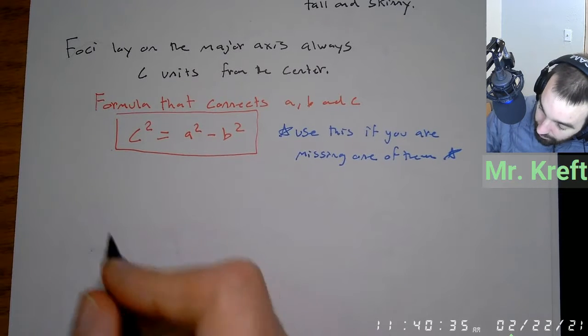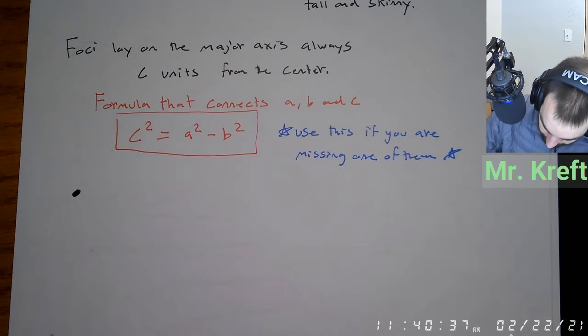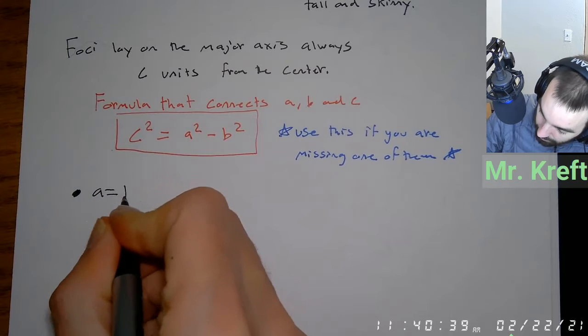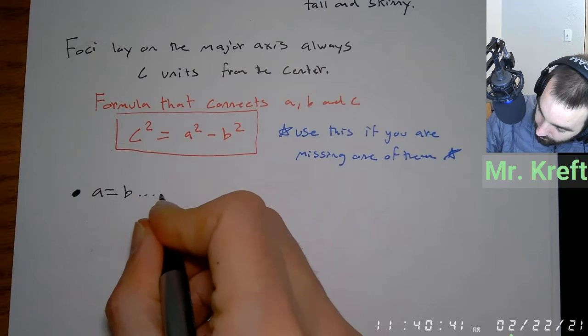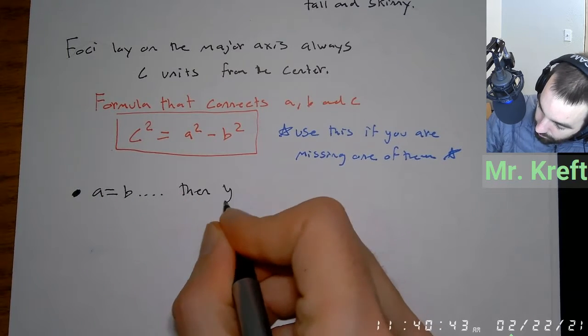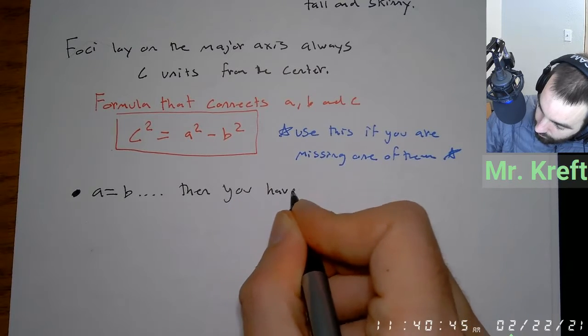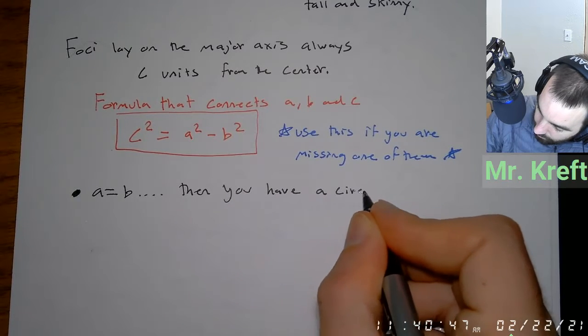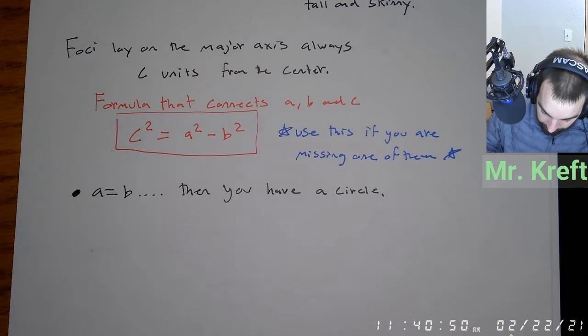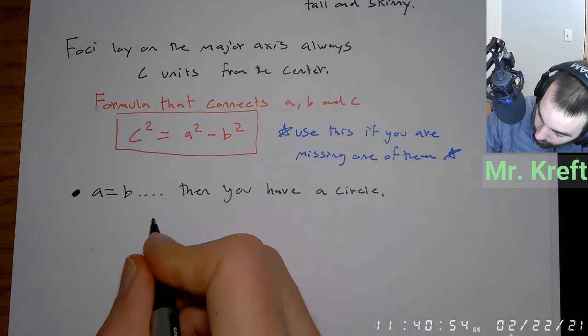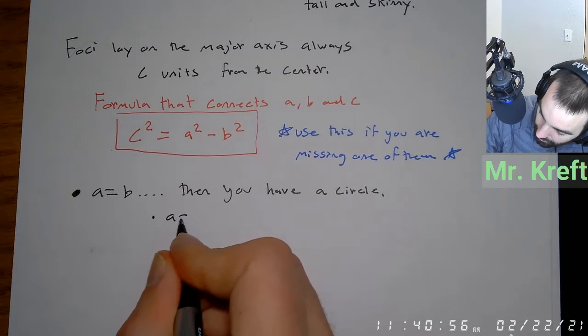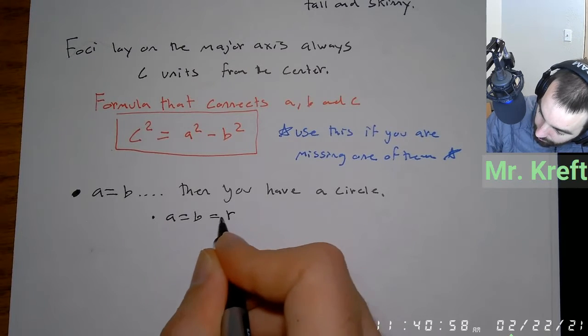All right. Some other things that you need to know, right? If a equals b, then you have a circle. So if a equals b, then a equals b equals r.